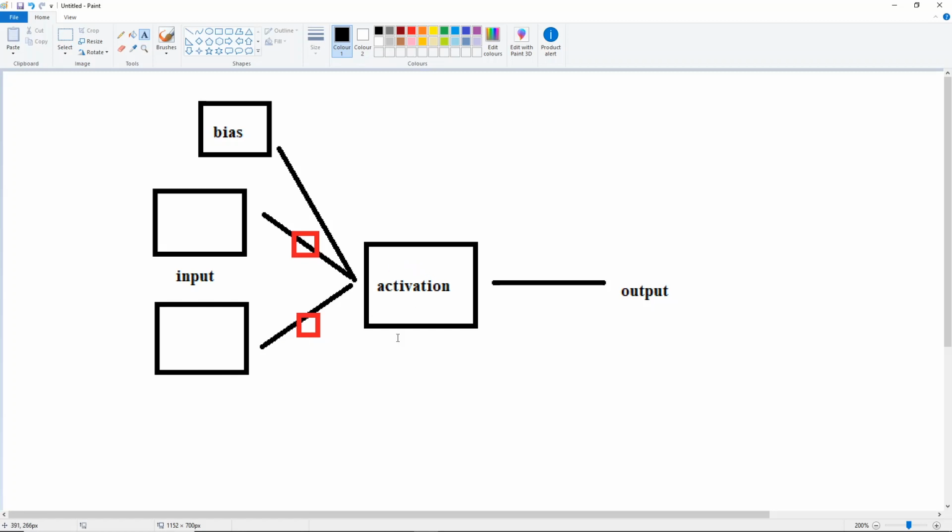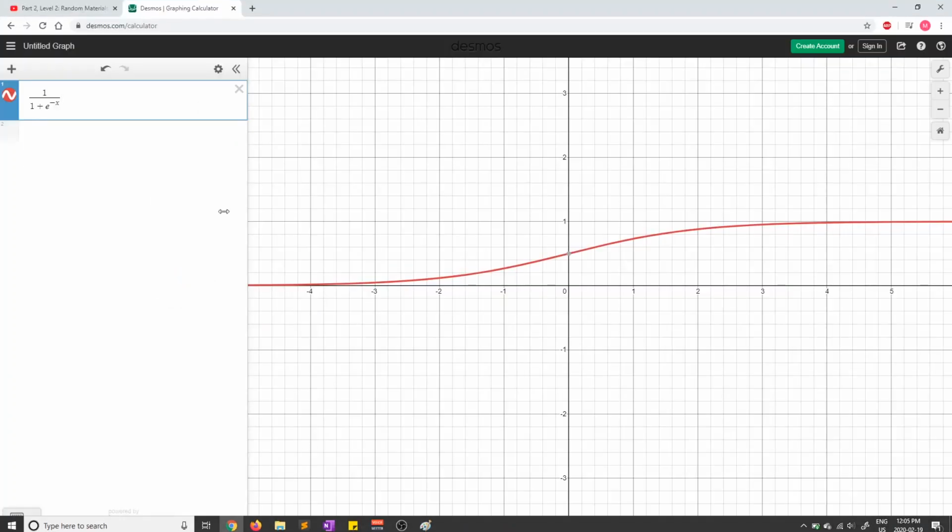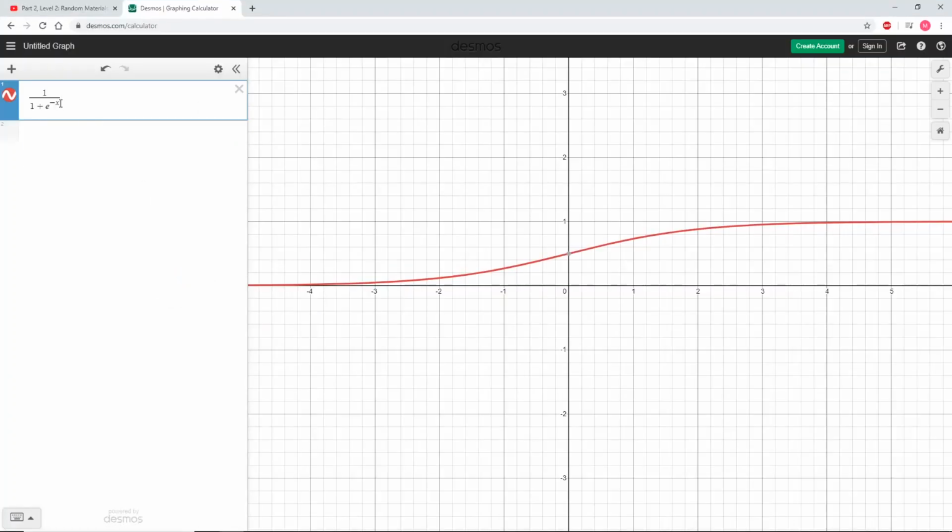And then in terms of this activation function, if I go into a graphing calculator, this is the actual function. It's 1 over 1 plus e to the negative x. And basically what it does is it squishes all of its inputs to be between 0 and 1. Okay, so the number you might put in for x could be like anything really.